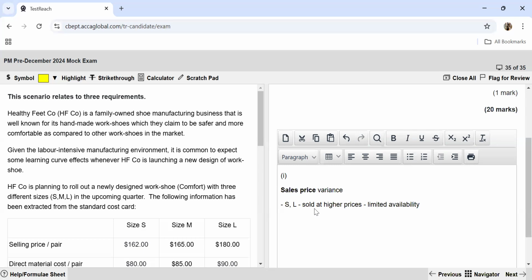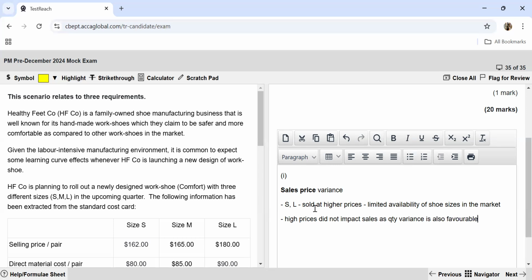So, small and large size were sold at higher prices. The possible reason is the limited availability of shoe sizes in the market. And we also discussed that even though there were high prices, it did not impact sales, as quantity variance is also favorable.